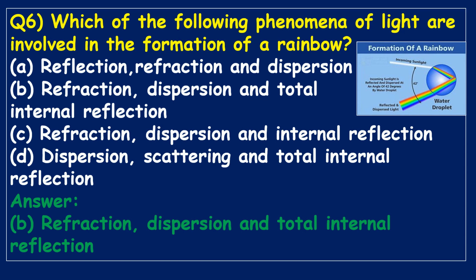Total internal reflection will take place. Then it comes out as a rainbow. So the three things which happen during rainbow formation are first refraction, then dispersion, then total internal reflection.